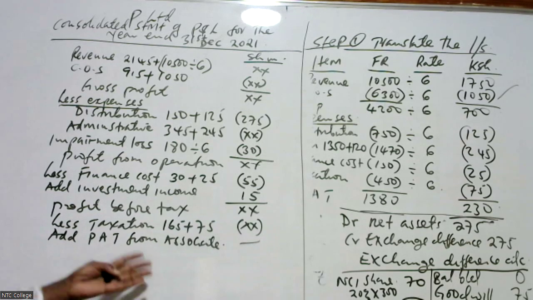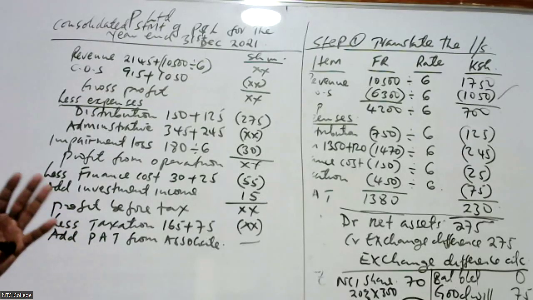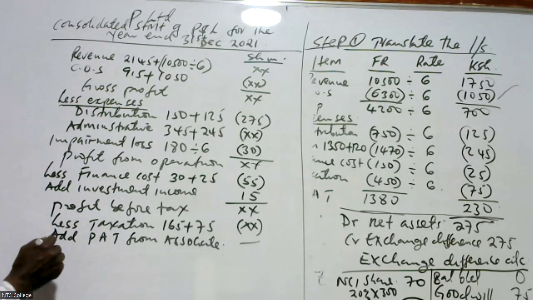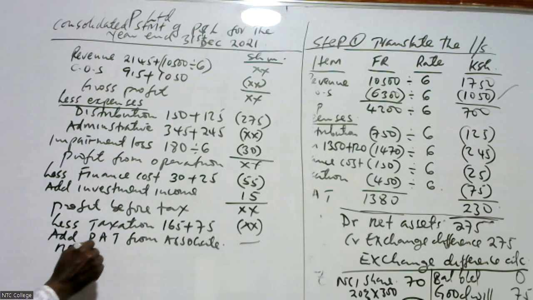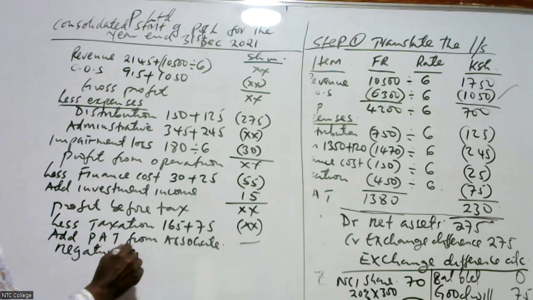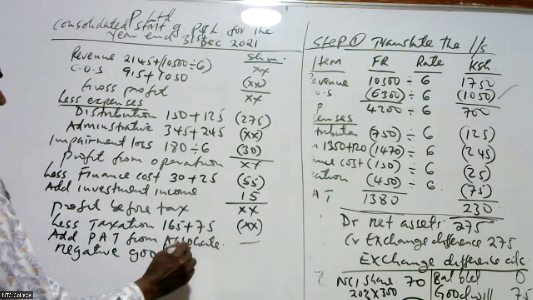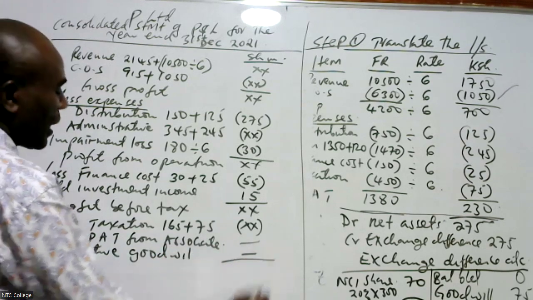But I am just showing you that if you have associate or joint venture, don't forget to report that item. Because we said associate and joint venture, you don't consolidate. You only report one item, that is group share of profit after tax. If my goodwill was negative, in this question I don't have it.